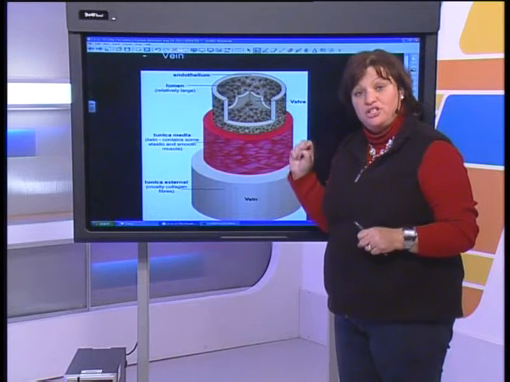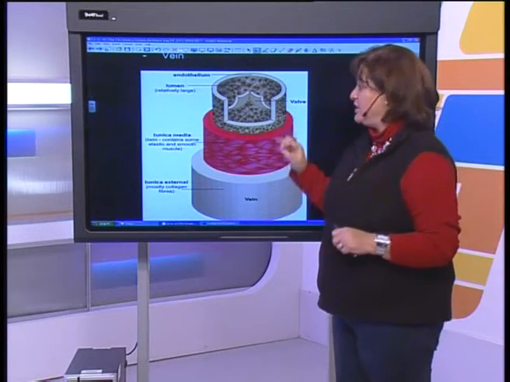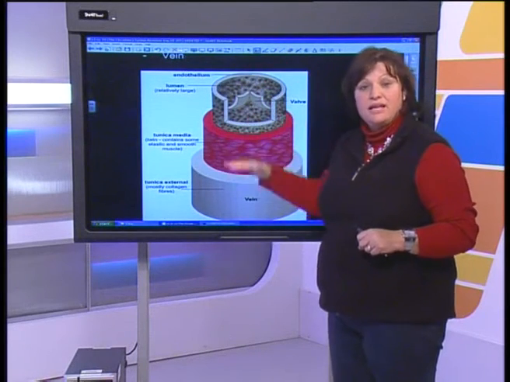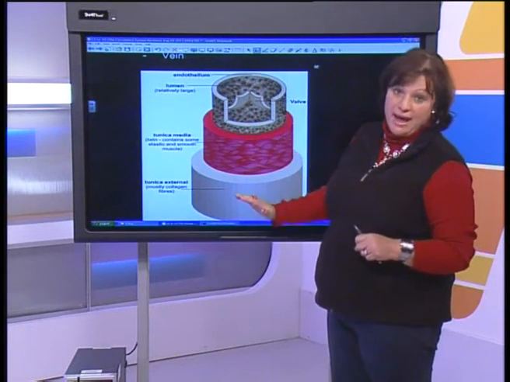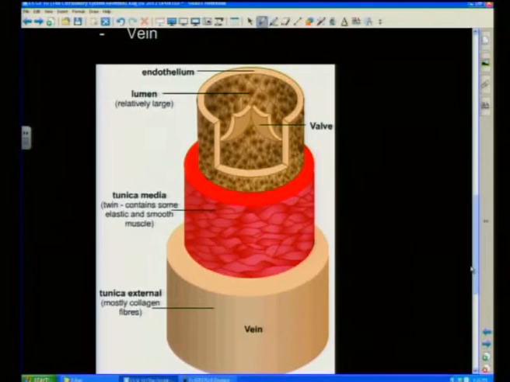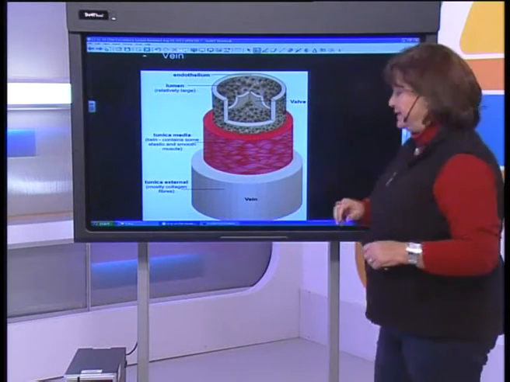We asked about this in the question beforehand when we looked at the heart. The valves stop the blood from flowing backwards. Sometimes these valves become deformed, and you get a condition called varicose veins. You'll see them like little blue knobs on the legs.